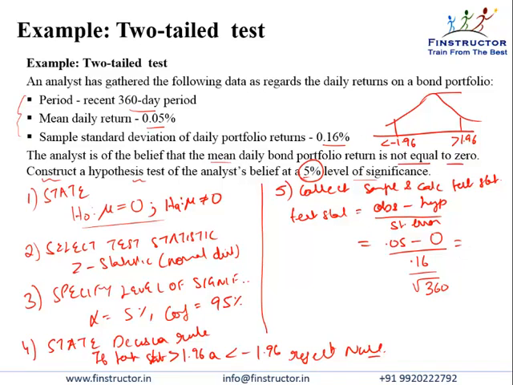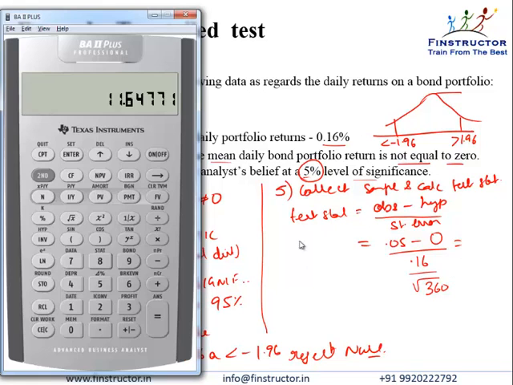So we'll first compute the standard error. That will come out to be 0.16 divided by root 360. Press 360, press square root, store it in 2, recall 1 divided by recall 2. So 0.00843 is the standard error. We'll store it in the memory register 3.